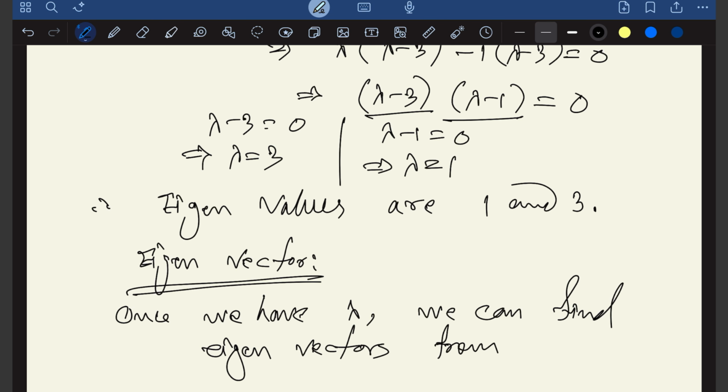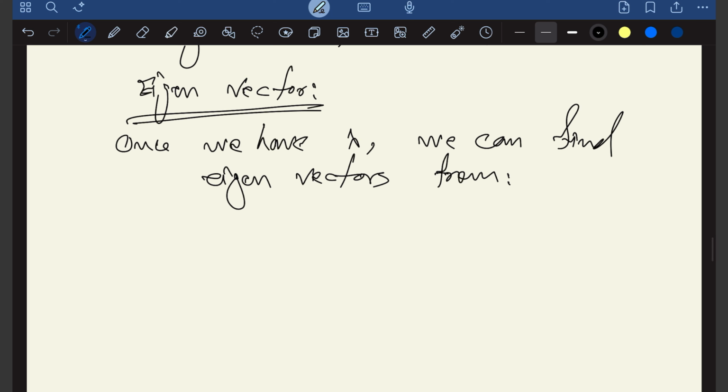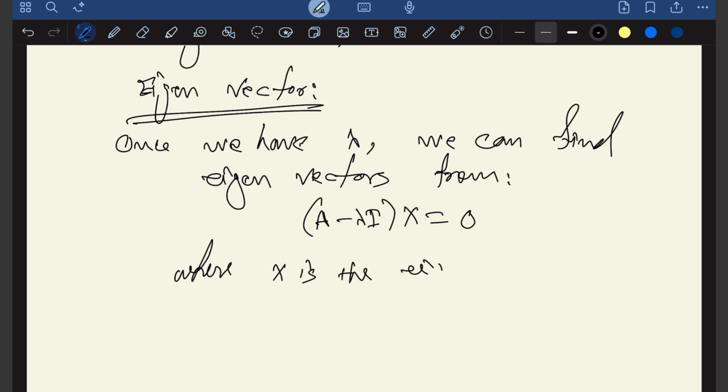There is a formula: A minus lambda I into x equal to 0, where x is the eigenvector.